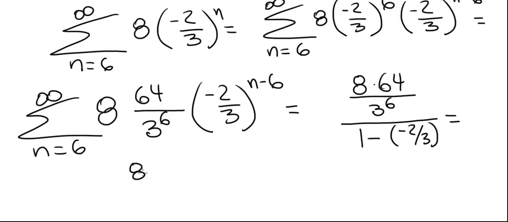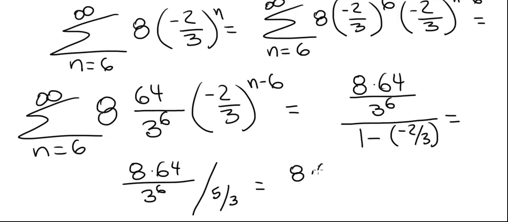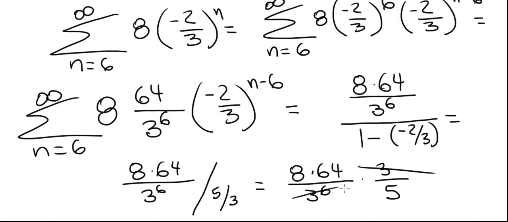So this is 8 times 64 over 3 to the 6th, and it's divided by 5/3. So this is 8 times 64 divided by 3 to the 6th times 3 over 5. So we can cancel this 3, and this will leave down here 3 to the 5th.